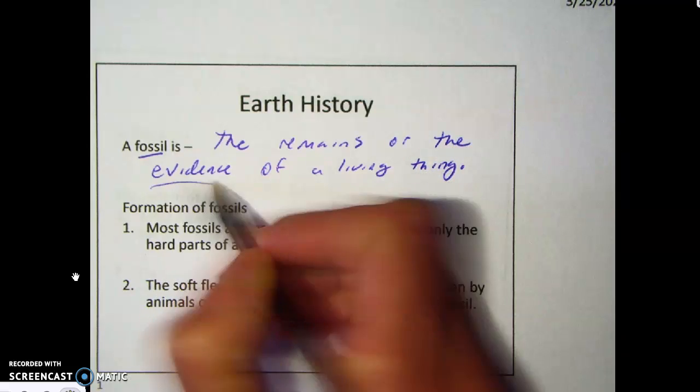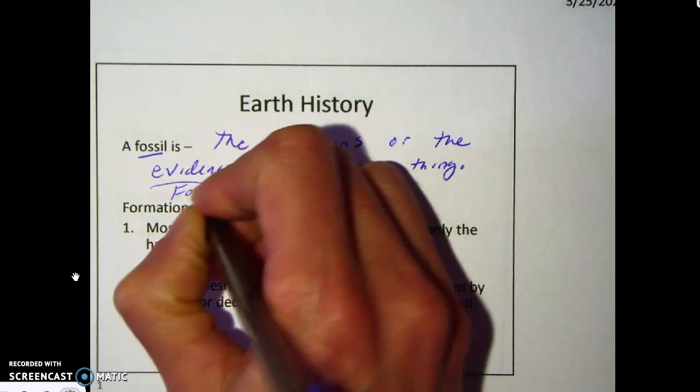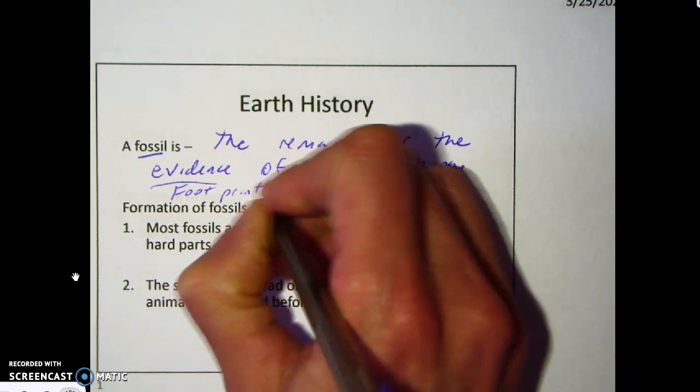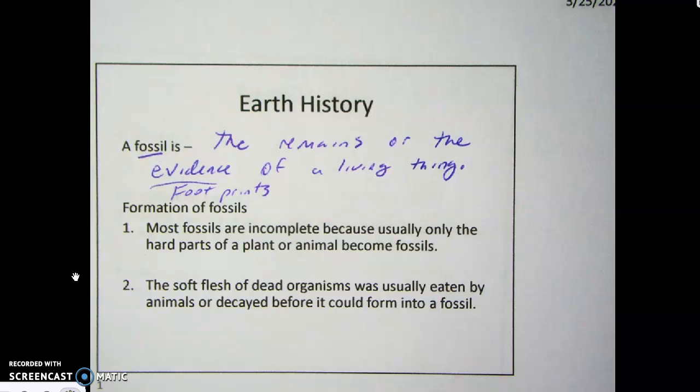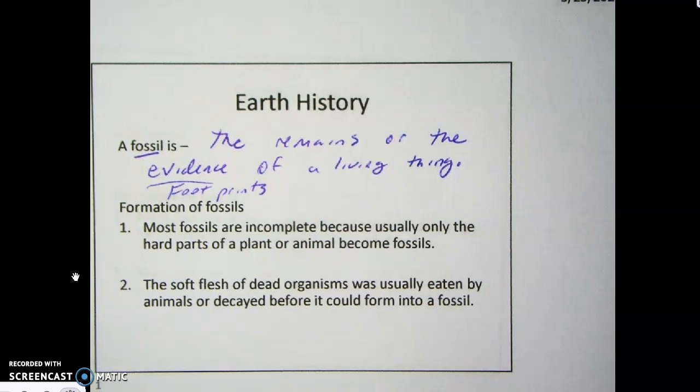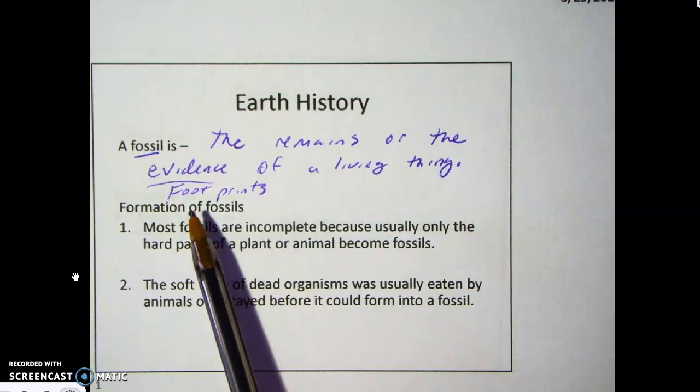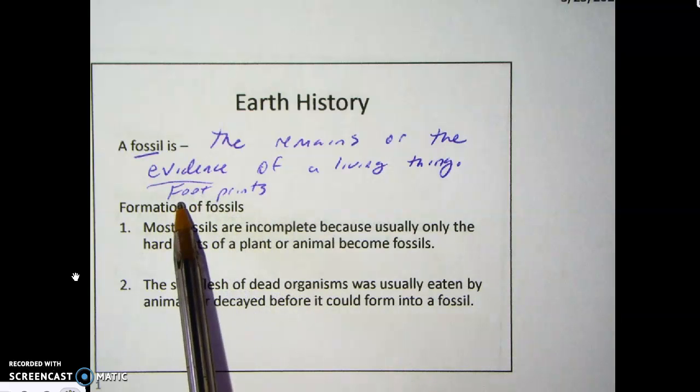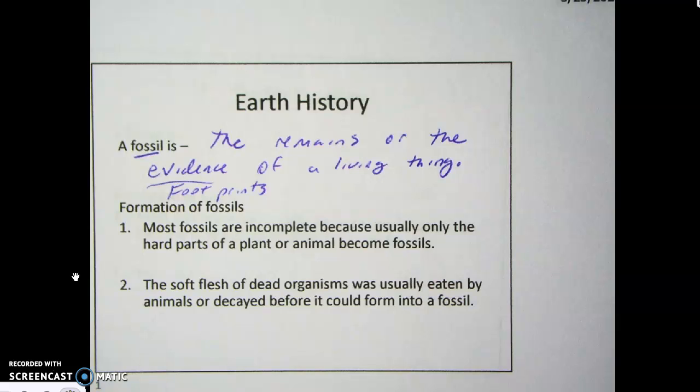By evidence, we could be talking about things like footprints, right? So it doesn't have to necessarily be part of the animal or plant. Remember, fossils can be plants too. So it could be footprints. Sometimes some animals will drag their tails and even leave tail prints and things like that.